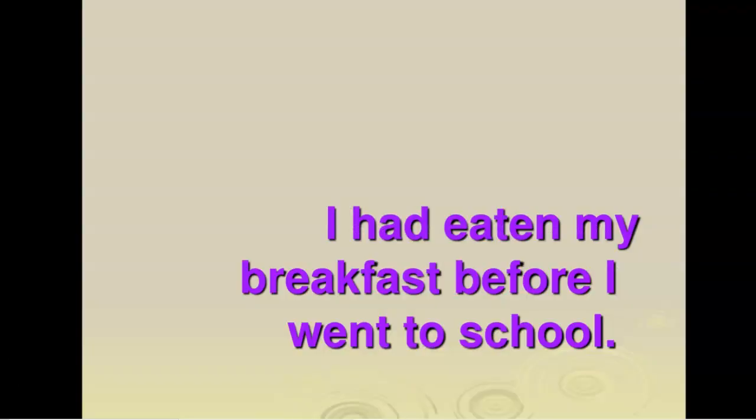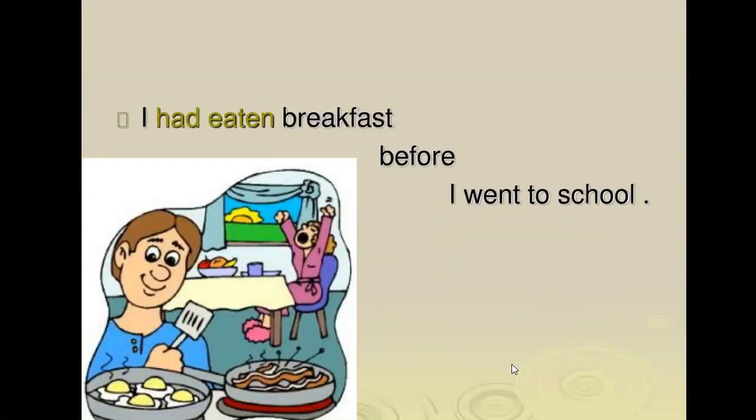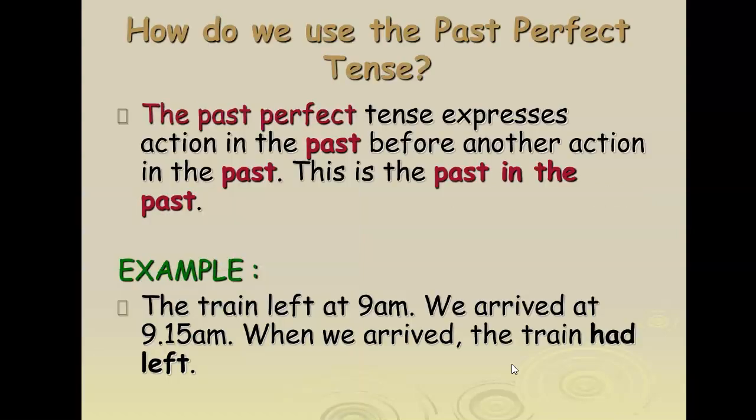So, let's continue our lesson. For example, I had eaten my breakfast before I went to school. Yes, it's the past perfect tense. How do you use the past perfect tense? The past perfect tense expresses an action in the past before another action in the past. Yeah? This is the past in the past.